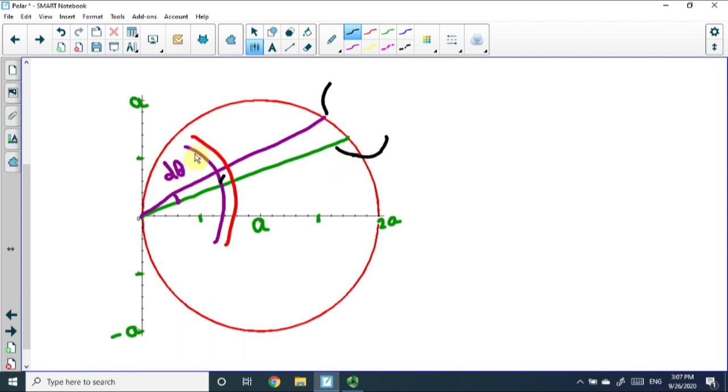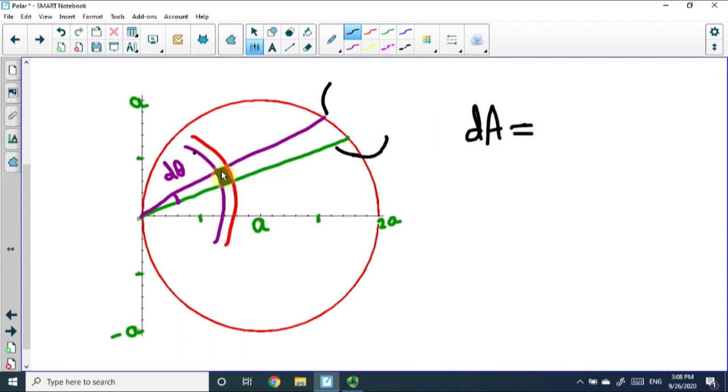Now the other two, one of them is r equals some constant number, and the other one has a slightly larger r by a small difference. Now the question is, what is this area that we drew in this picture? Can we find the value of this area? Let's call this area dA. It's a very small area.